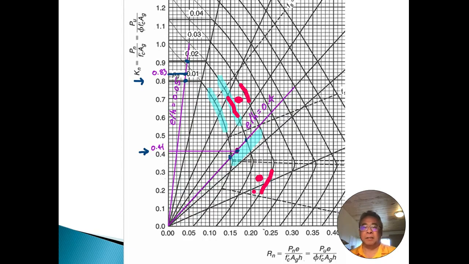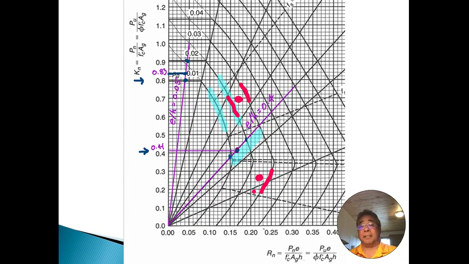Then you just look at the plot and see if your point is inside there. The spreadsheet is made so that you can change whatever you want. Like, I want my column to be 16 inches. You change it, and it changes the graph. It just takes like 2-3 minutes to design a column. And of course, you'll have that spreadsheet for the exam.